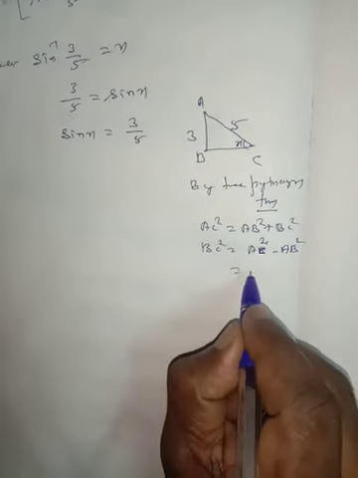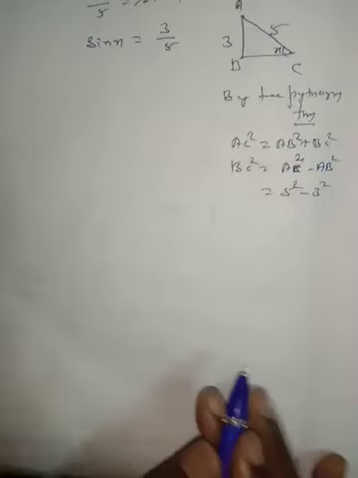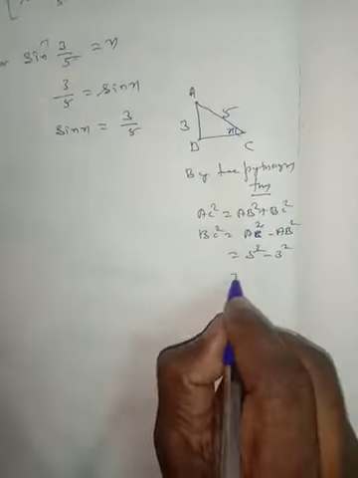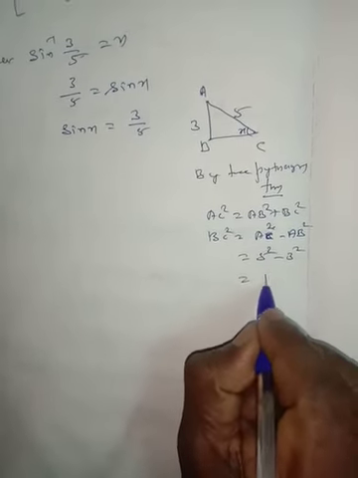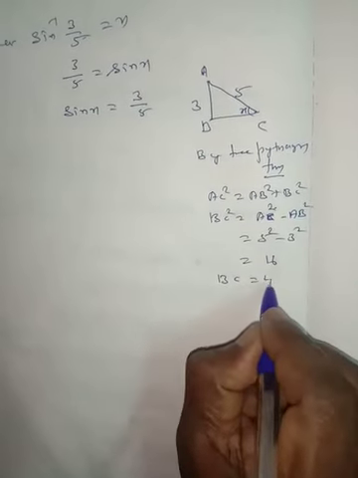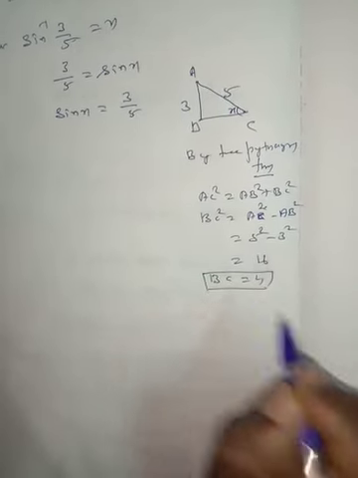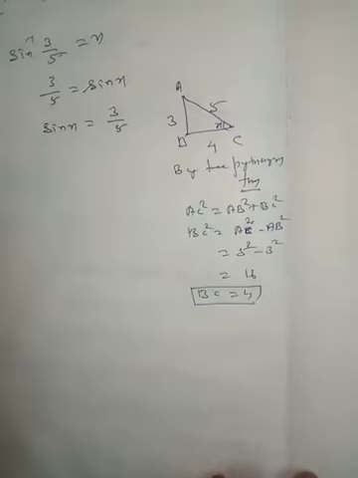AC square is 5 square, AB square is 3 square. Therefore 25 minus 9, 16. Taking square root on both sides, BC is equal to 4. This side is 4.